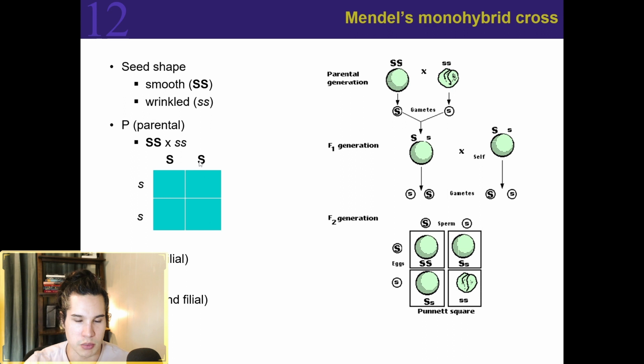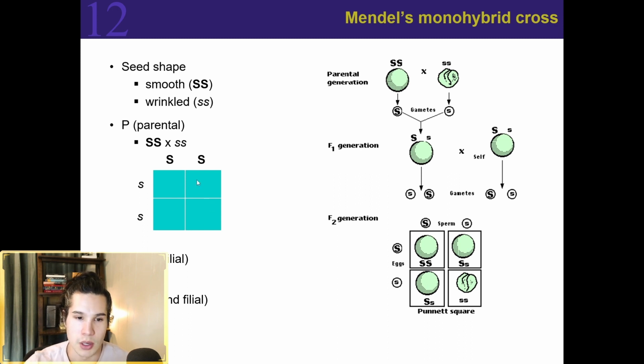So you have big S, and you're making a cross with little s, and so what you get is big S, little s, big S, little s, big S, little s, big S, little s. So all 4 of these teal boxes would be filled with big S, little s. All of these teal boxes are the first filial generation.